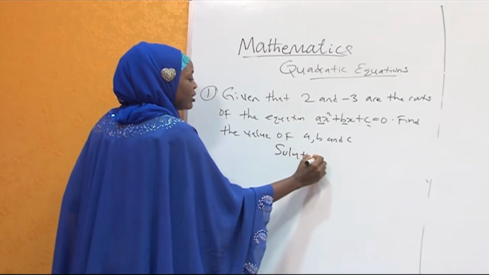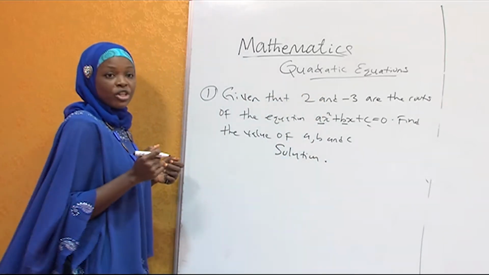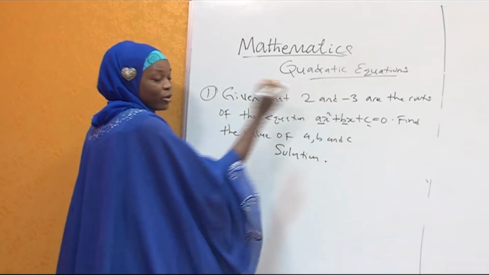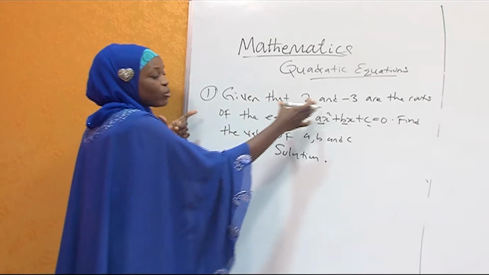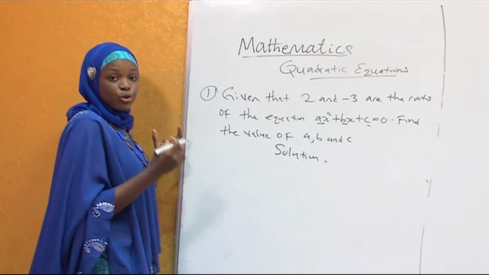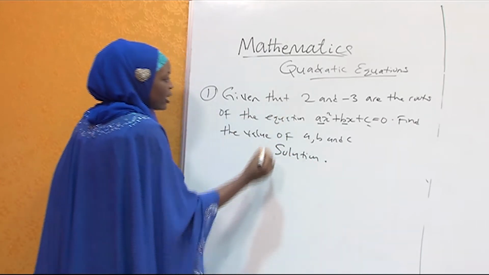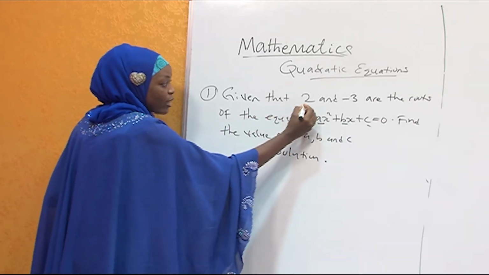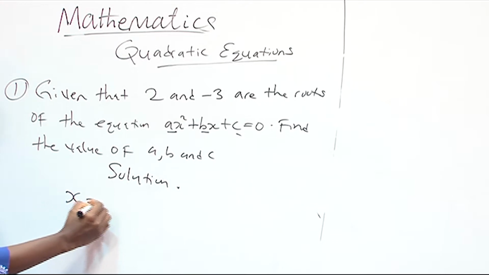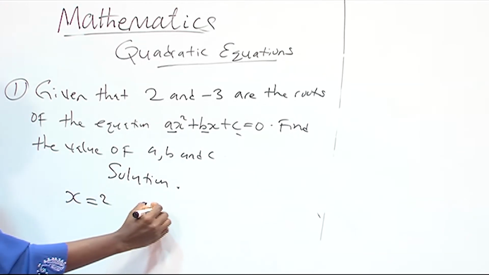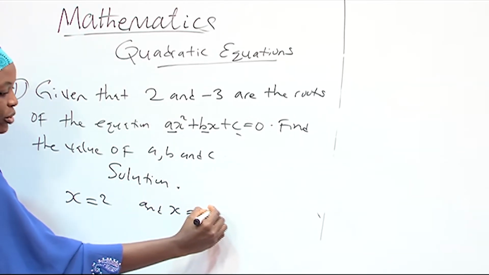We have been given the roots of the equation as 2 and minus 3. If you are given the roots of the equation, we can use the roots to find the quadratic equation. If the roots are 2 and minus 3, it means x equals 2 and x equals minus 3.